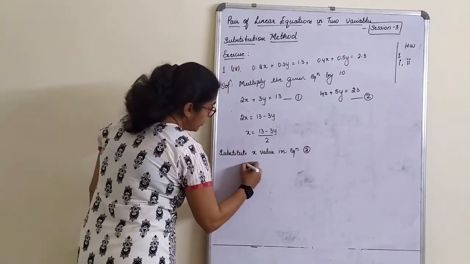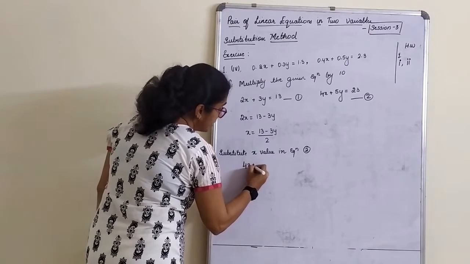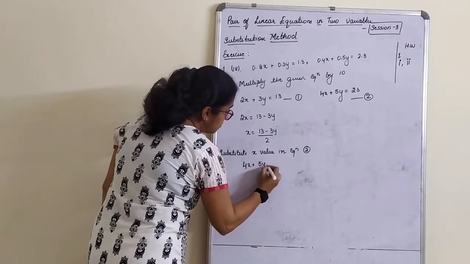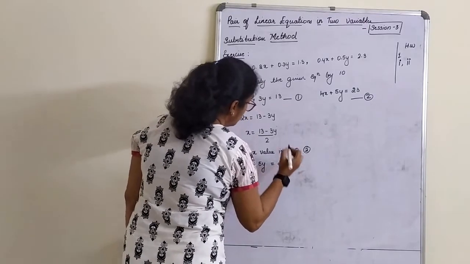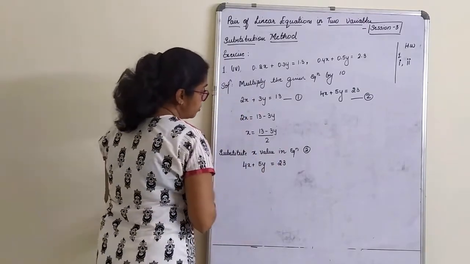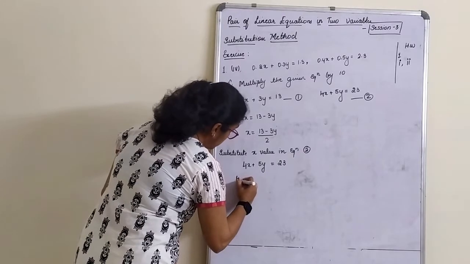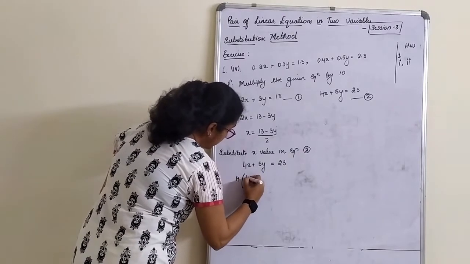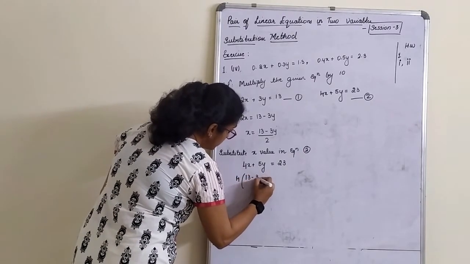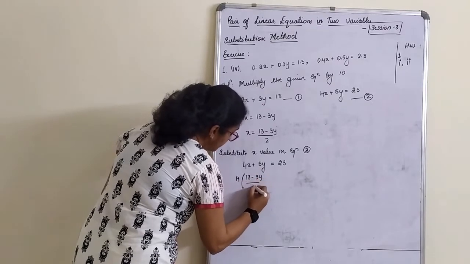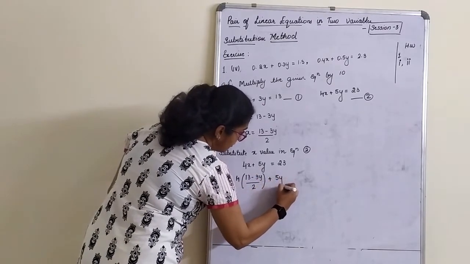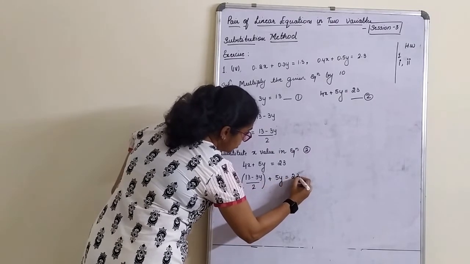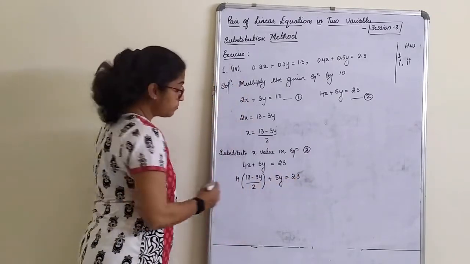So we'll copy the equation once again: 4x plus 5y is equal to 23. Wherever x is there, I need to write 13 minus 3y divided by 2, plus 5y is equal to 23, right?